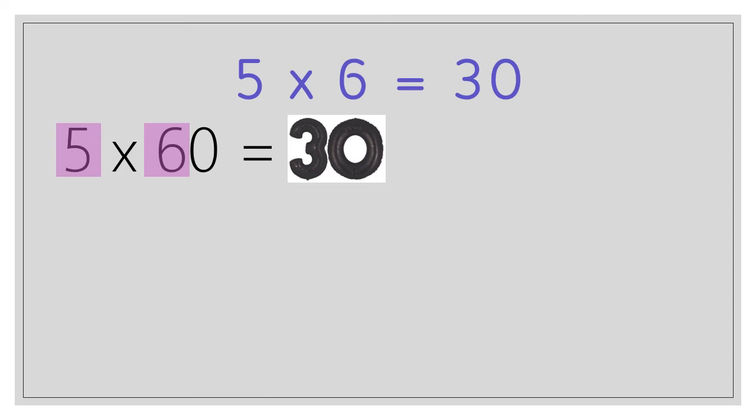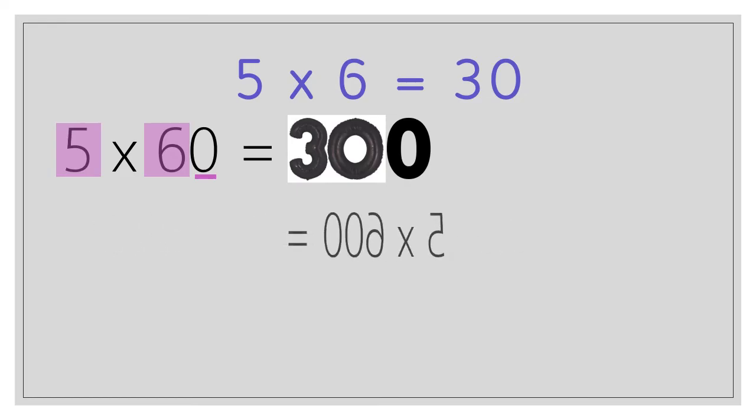Well, the factors are 5 and 60, so there's only one zero in both of those factors. And I'm going to add that zero to the end of the product of the basic fact, which was 30. So when I add that zero to the end of 30, I get 5 times 60 is equal to 300.